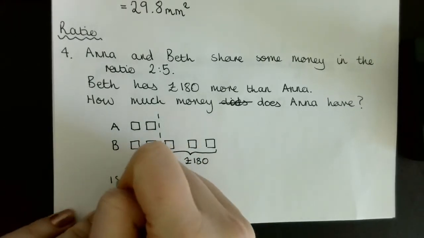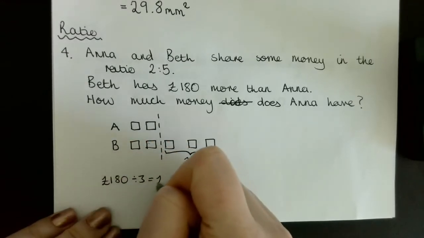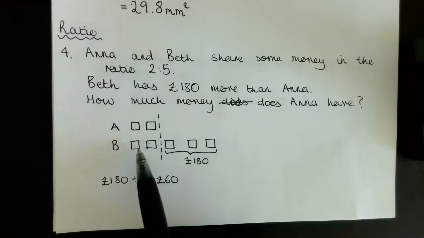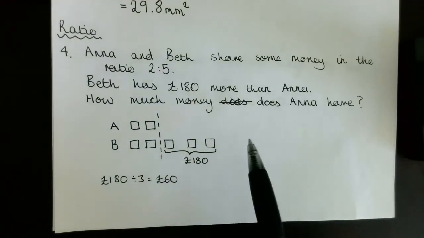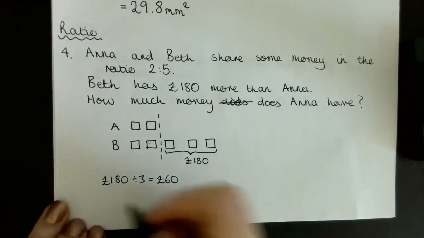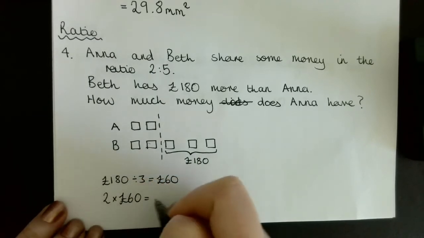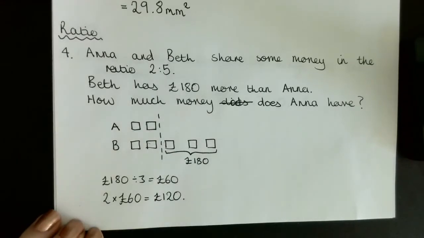So I'm going to do £180 divided by 3, which is 60. So I know that each box is worth £60. So to find out how much Anna has, she's got 2 boxes, so I'm doing 2 lots of £60, which is 120.